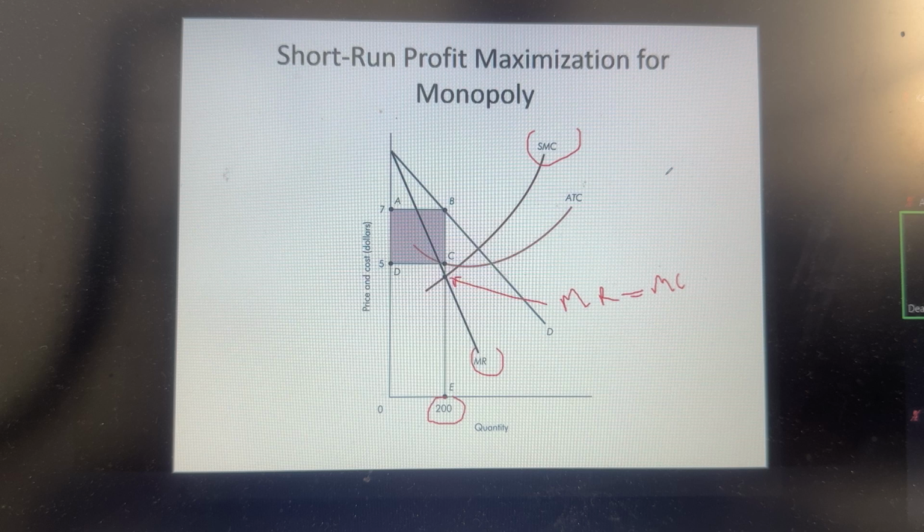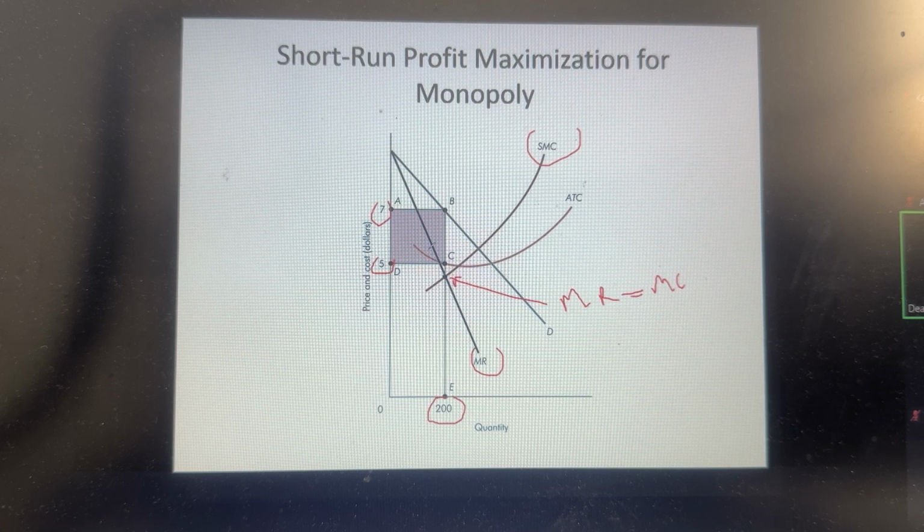What is the price of the firm's product? Unit price is 7. Unit cost is 5.